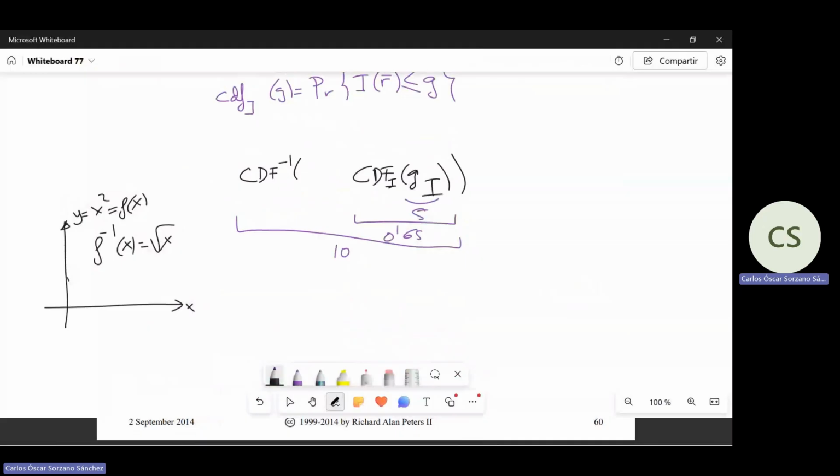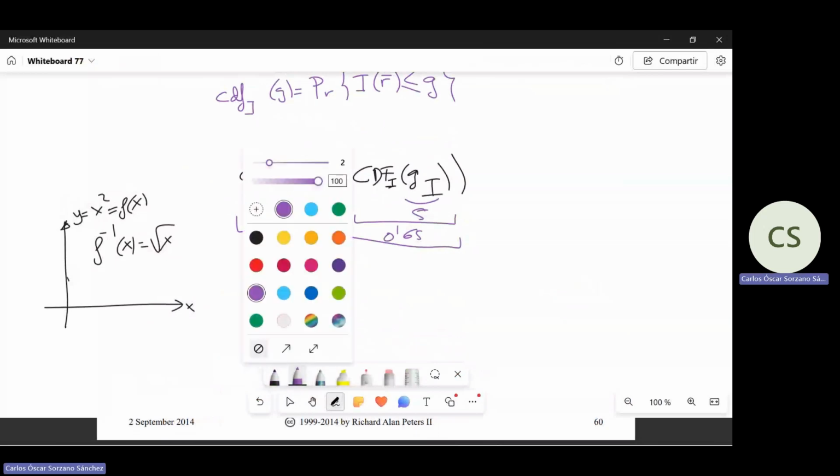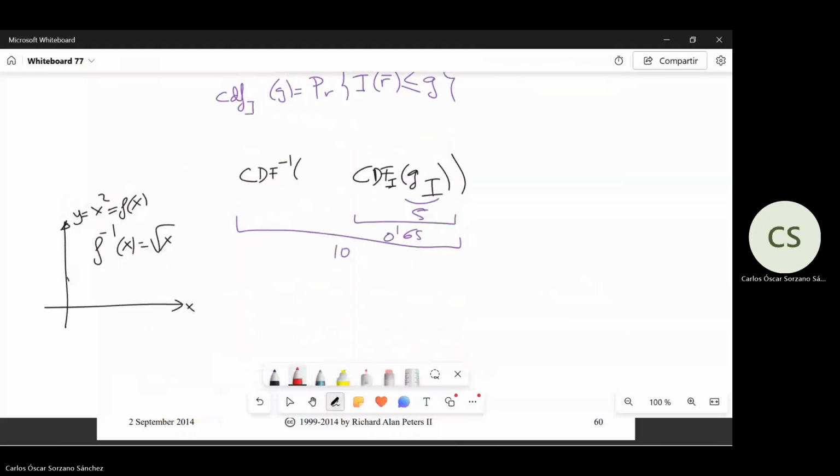We started with the gray, we go to probabilities, and then this function takes probabilities and returns another gray. And I will transform this 5 into this 10.